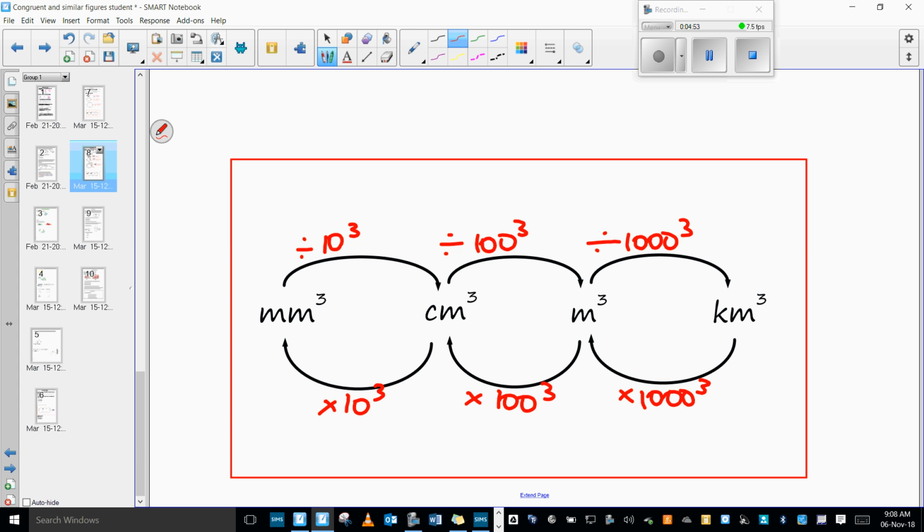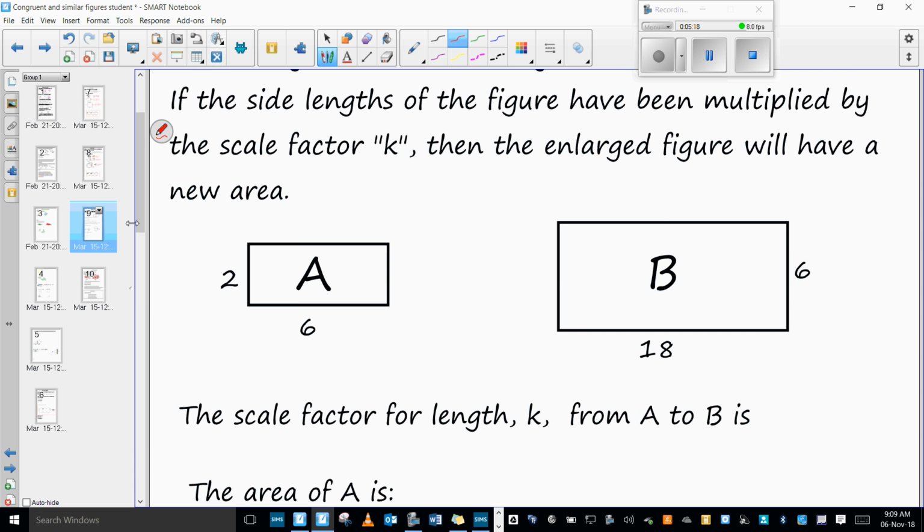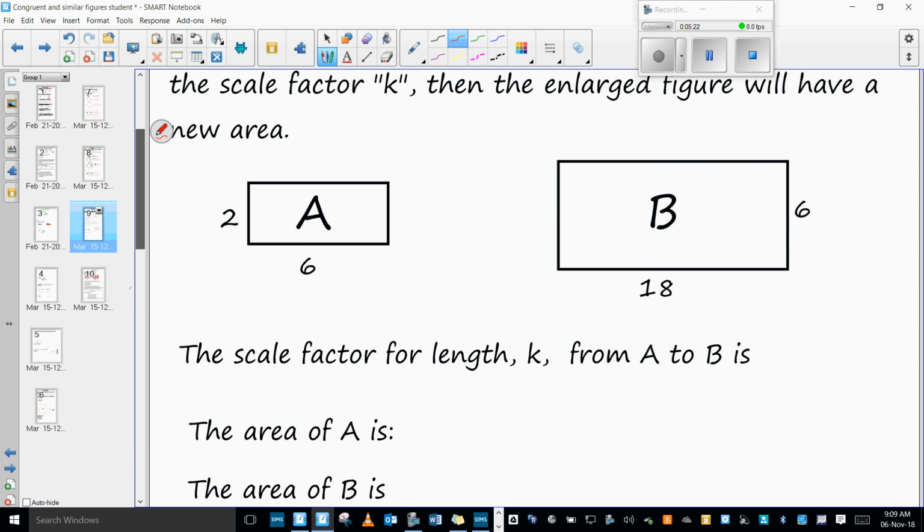Now, this whole unit conversion is also applied when it comes to similar areas. So we've looked at similar shapes and our lengths, and we know that one length divided by another would give us the same value as another length, its corresponding lengths divided by each other. But when it comes to areas, now if we look at these two rectangles, okay, so we've got 6 units here, we've got 2 units here, we've got 18 and 6.